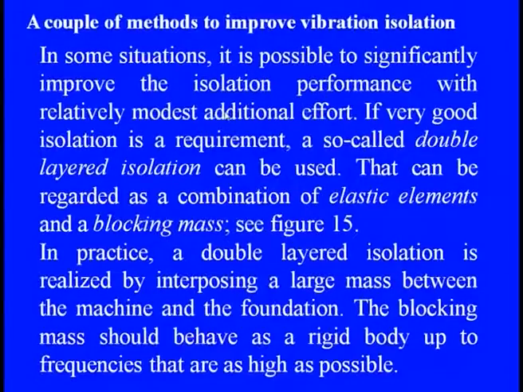Because when you have the higher order harmonics, we need to suppress those frequencies, and there are added masses to be there, as we have seen in previous cases. And the blocking mass should behave as a rigid body up to those frequencies for the appropriate level.